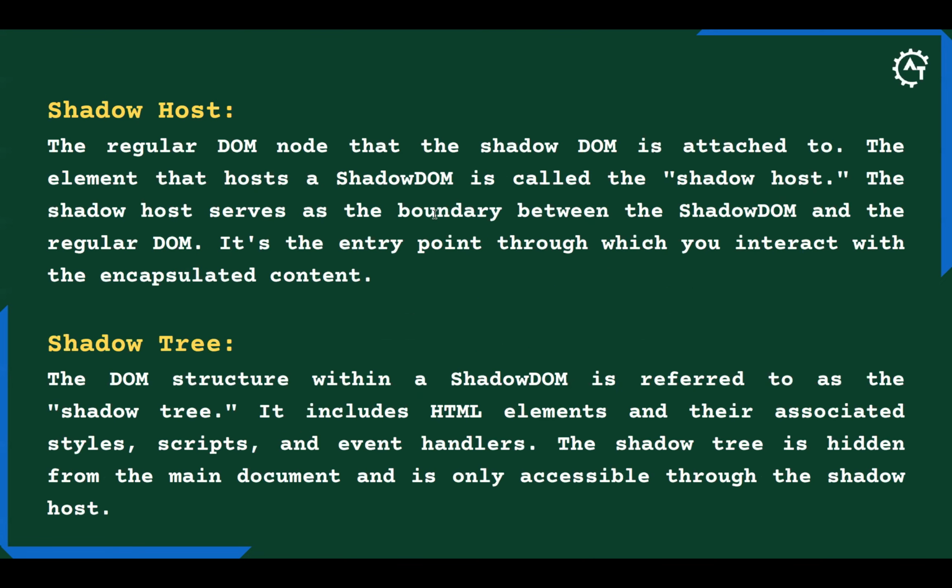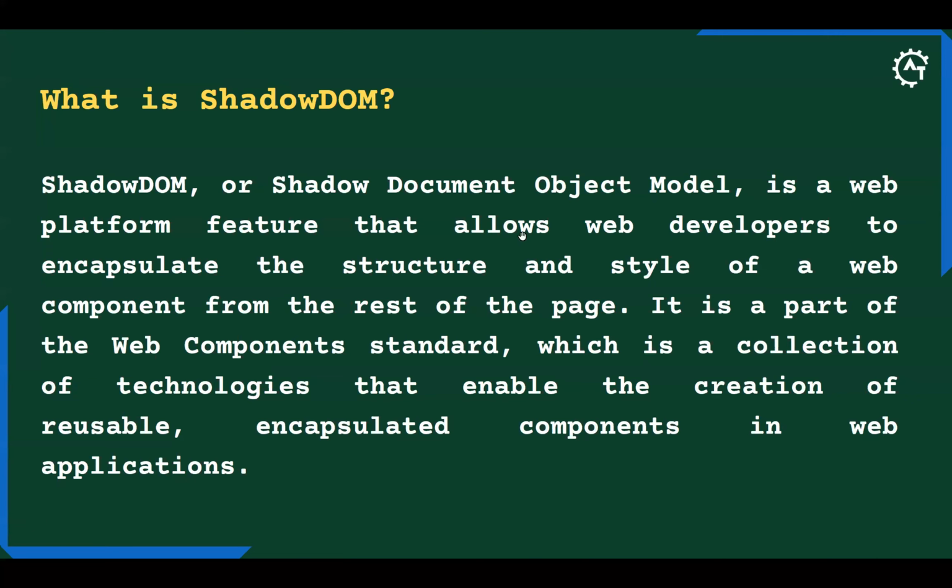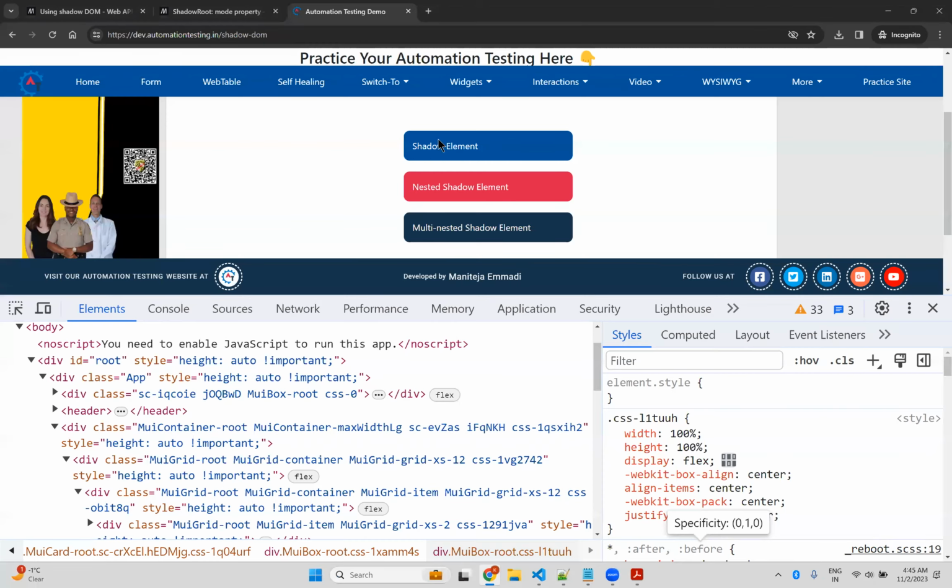Then, what is the purpose of this? We were just discussing reusability, right? So this is a shadow element. The button is blue color and we have some white text. I want the same look and feel in many places. I want to create a similar button in so many places.